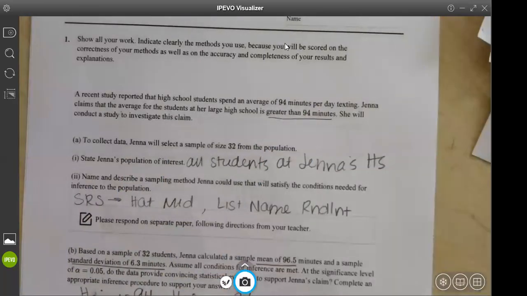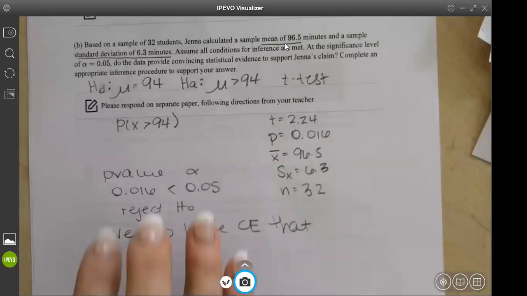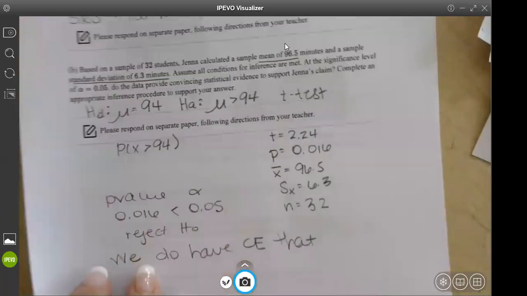You got that? So in context of the problem, just go back up to the problem and rewrite what it says. That's all I want on that one. Everybody good? Pretty simple, not too bad.